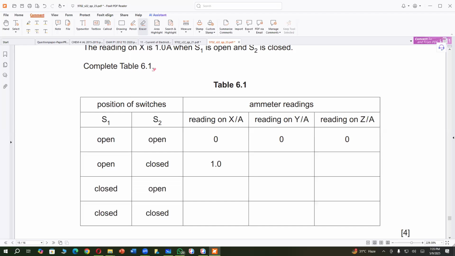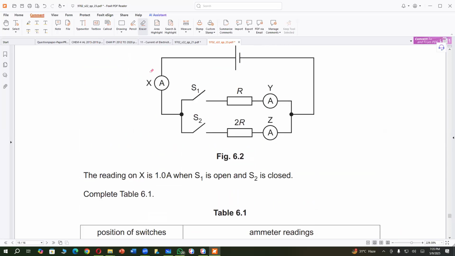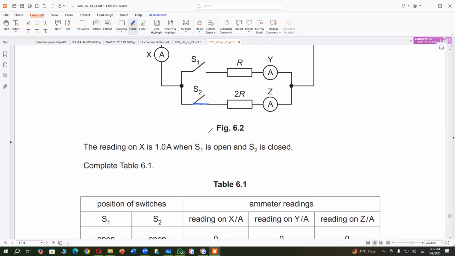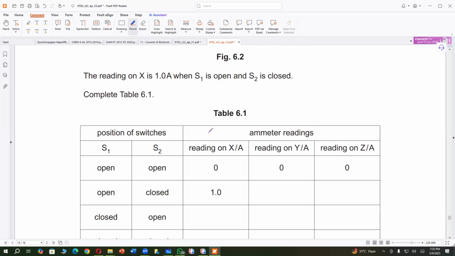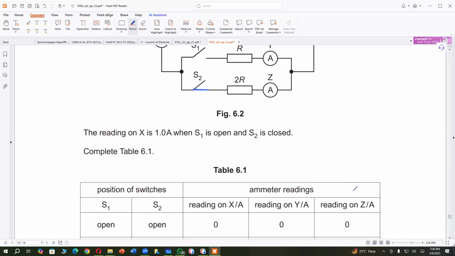When the switch S2 is closed, current will pass through the ammeter Z. So Z will show the full current, because the other switch is open. So Y will be 0 and Z will be 1.0.